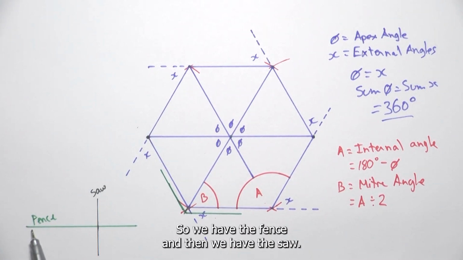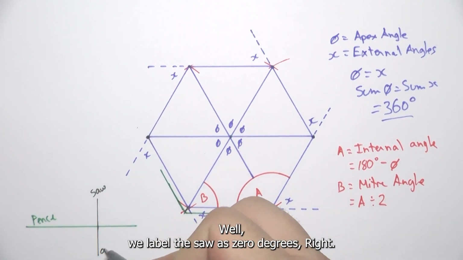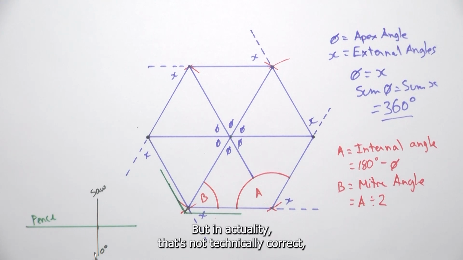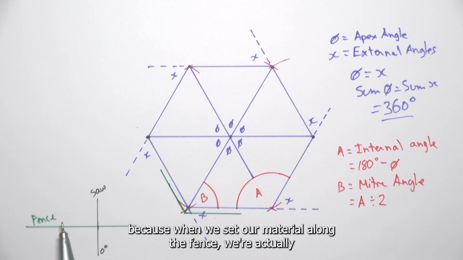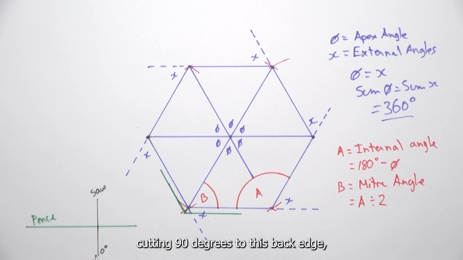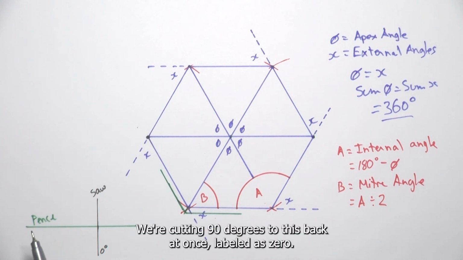So we have the fence, and then we have the saw. Well, we label the saw as 0 degrees, right? But in actuality, that's not technically correct, because when we set our material along the fence, we're actually cutting 90 degrees to this back edge, but it's labeled as 0.